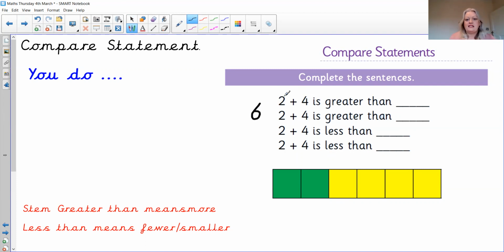So the first part of the sentence reads 6 is greater than, you shout yours out, I'm going to put in 1. 6 is greater than, did anyone get 3? 6 is less than 7. And 6 is less than, it's smaller than 10. So you can see here, we had our 2 and our 4 here to give us our 6.